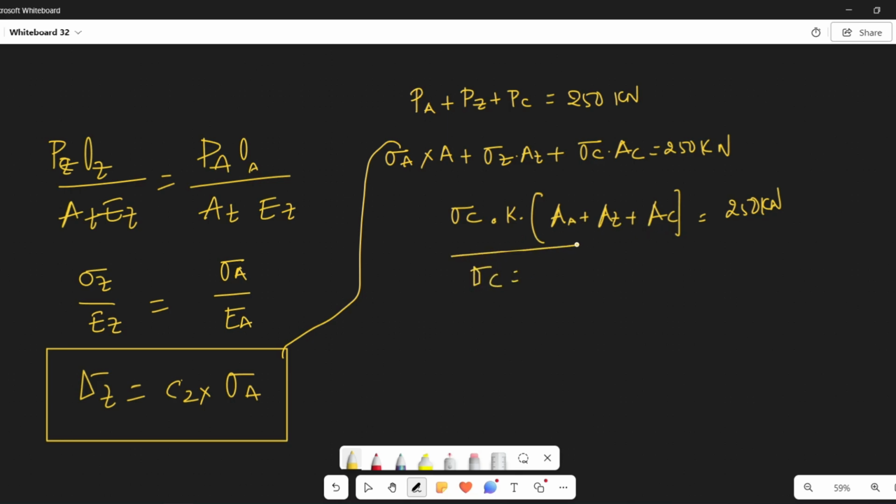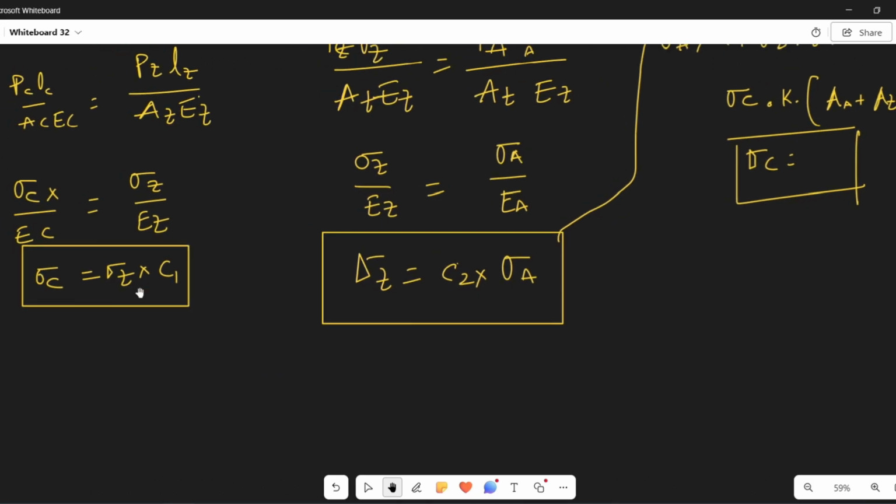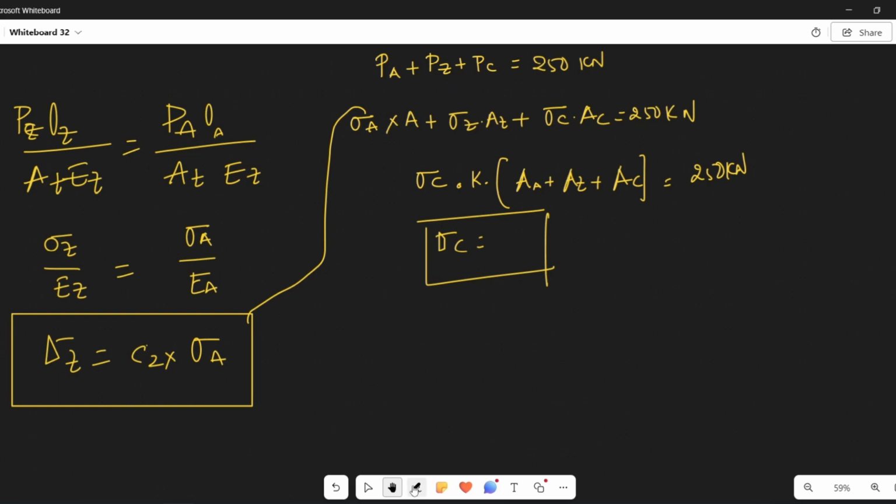We'll get, substitute this sigma C in this equation to get sigma Z. So substitute in this equation to get sigma A. Likewise, you can identify the unknown value. So you know the stresses.